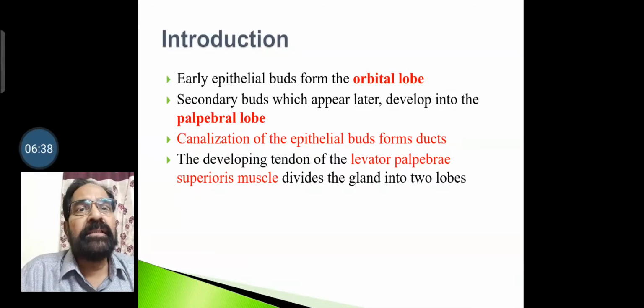The epithelial buds form the orbital part. The secondary buds which appear later develop the palpebral part. There is canalization of the epithelial buds forming ducts, and the developing tendon of the levator palpebrae superioris muscle divides the gland into two lobes.